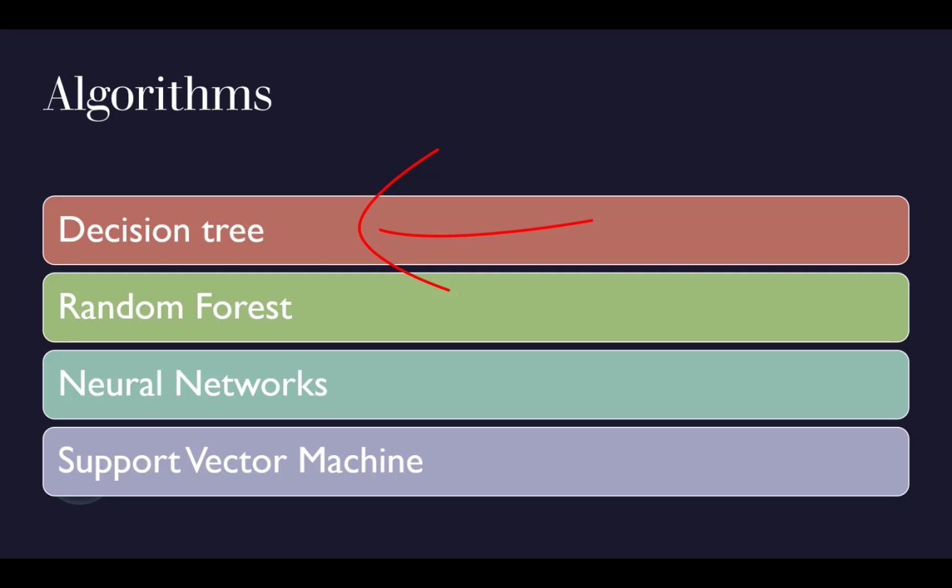Because of that, it is really easy to see if the model that is using that algorithm is acting responsibly. One of the rules of responsible AI is transparency. So if the model is easy to understand, that means it's transparent.